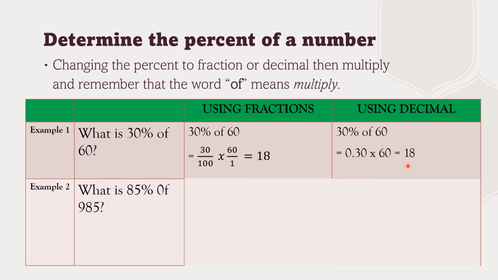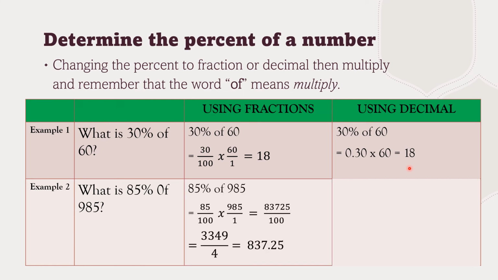Another example here is, what is 85% of 985? So of course, using fraction, we have to convert first the percent into a fraction, so that will become 85 over 100 times 985 over 1, since 985 is a whole number. So 85 times 985 is equal to 83,725. 100 times 1 is 100.